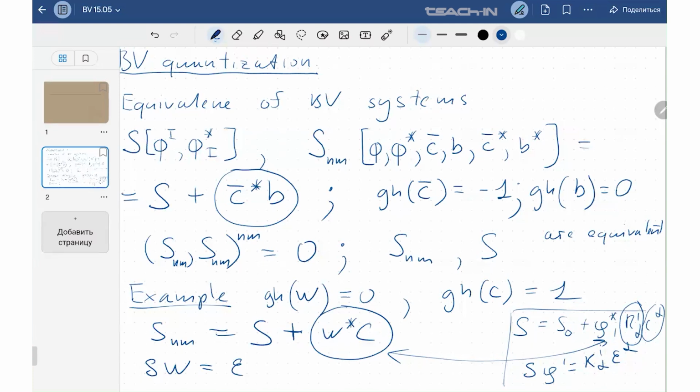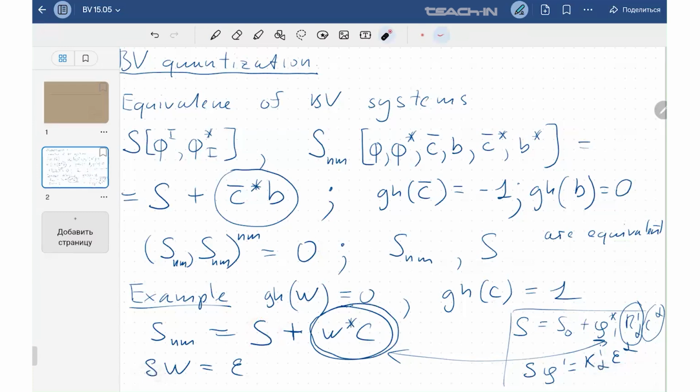The meaning is very simple. We introduce a new field W together with a gauge transformation, which is just a shift gauge symmetry. So the transformation of W is just epsilon, the gauge parameter. And this is reflected or encoded by such a term in the master action. Of course, S does not depend on these new fields W, otherwise there could be some mixing.